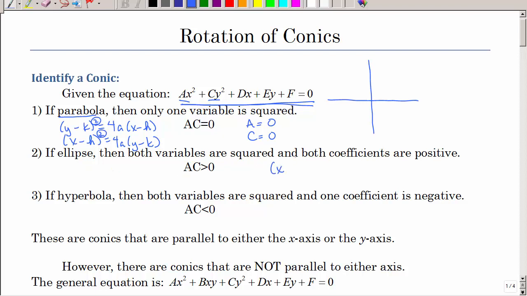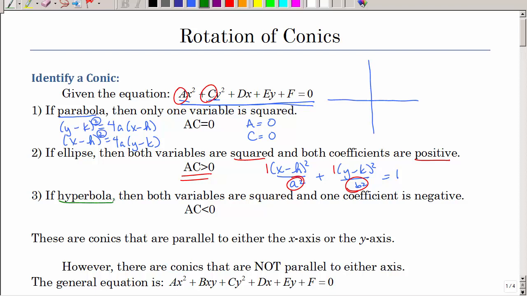In the ellipse, both variables are squared and both coefficients are positive. Remember we had this formula, x minus h squared, y minus k squared, over a squared and b squared, small a, small b. Those coefficients were both positive, meaning if you multiply a times c together, you get a positive number.